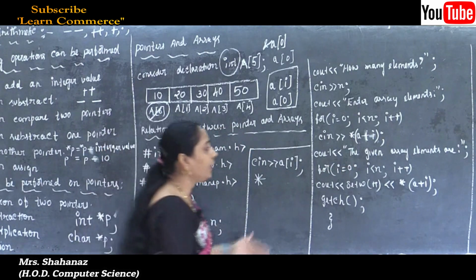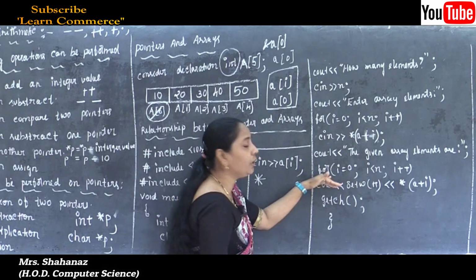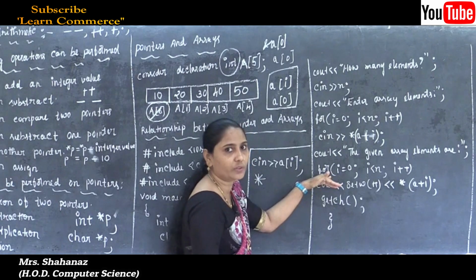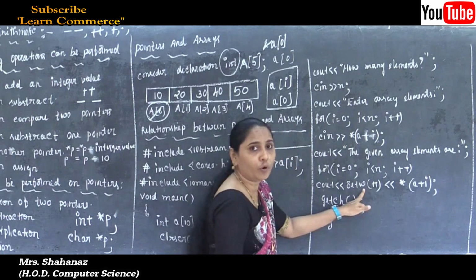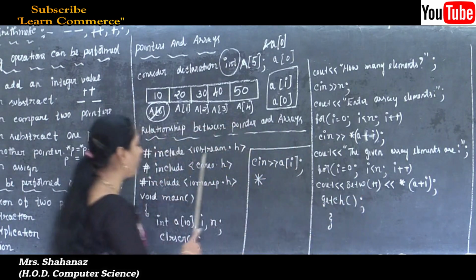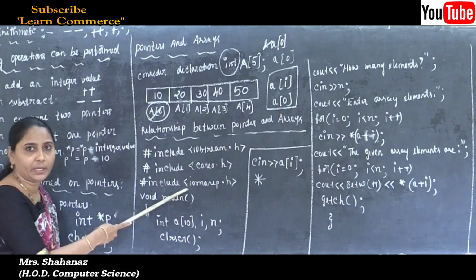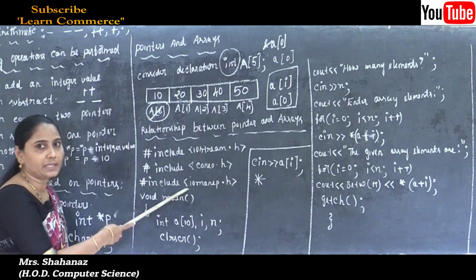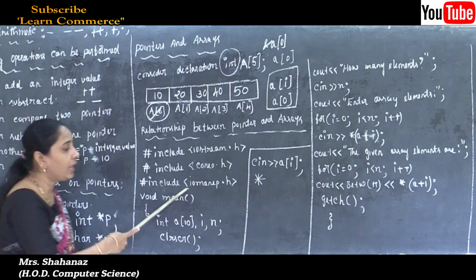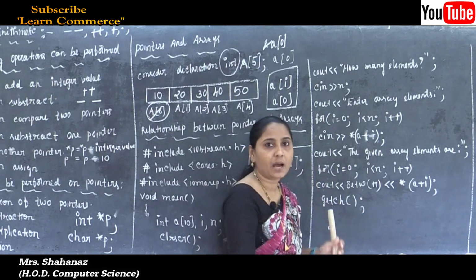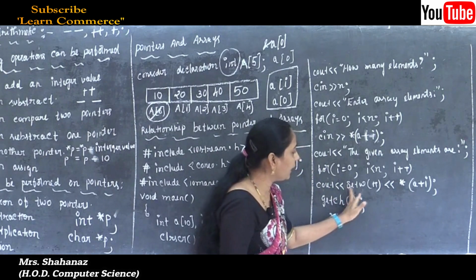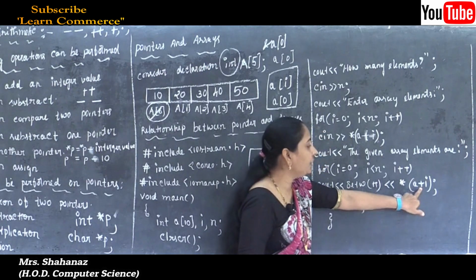Next, after accessing all these values, we write a message for the given array elements, and again we need to write the looping condition: for i = 0, i < n, i++, and setw(4). Why? Because for setw I already included the header file iomanip.h. For endl and setw we need to use the header file iomanip.h. So it leaves some space after each number. So setw(4) and *(a + i).